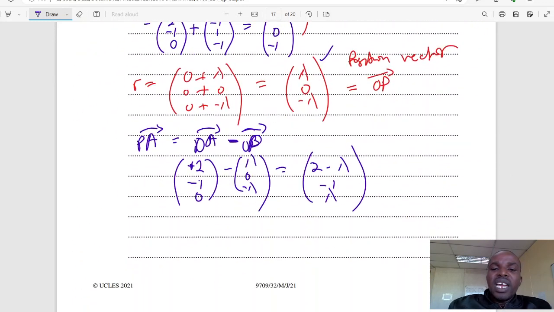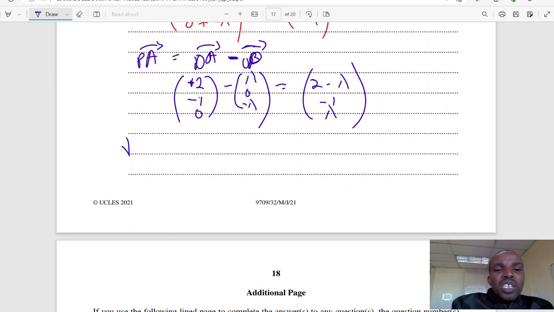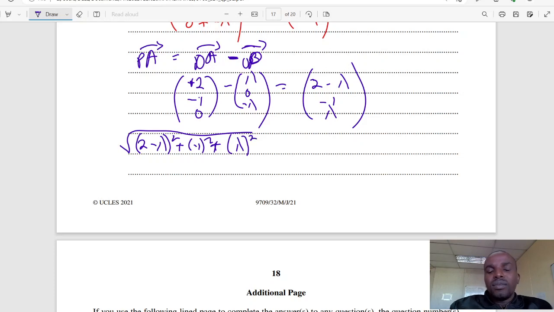So for PA, I find the modulus. It will be the square root of (2 minus lambda) squared plus (minus 1) squared plus lambda squared, equals root 7 of what?